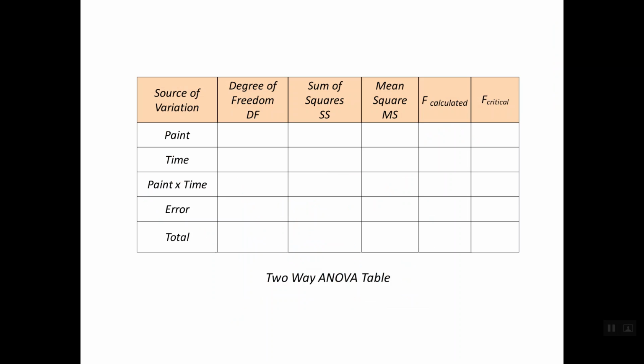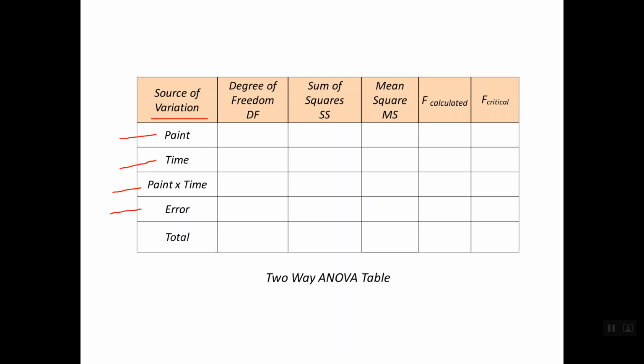This is the two-way ANOVA table, which should be filled by all the calculated data. So for the case of two-way ANOVA, we have the sources of variation. We have the source of variation for the first factor and for the second factor and for the interaction between the two factors.